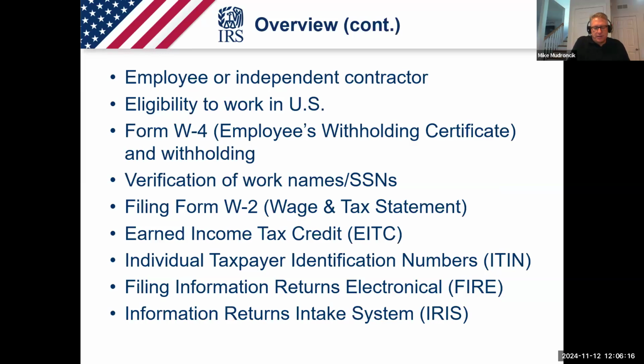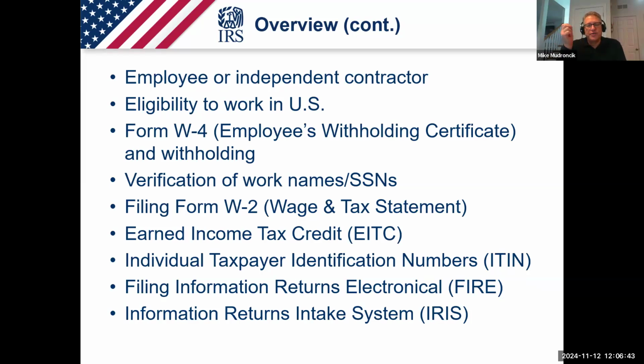So let's talk a little bit more about the overview. We'll go through the employer independent contractor scenario. We'll also look at your responsibilities as an employer to determine whether the individual is eligible to work in the United States. We'll identify a Form W-4, which is called the Employee's Withholding Certificate.